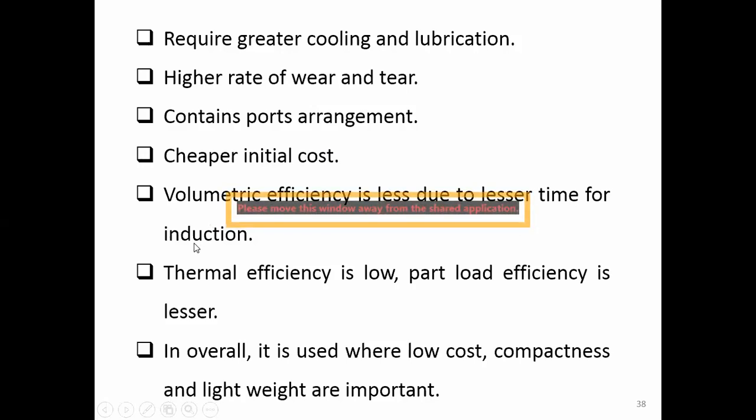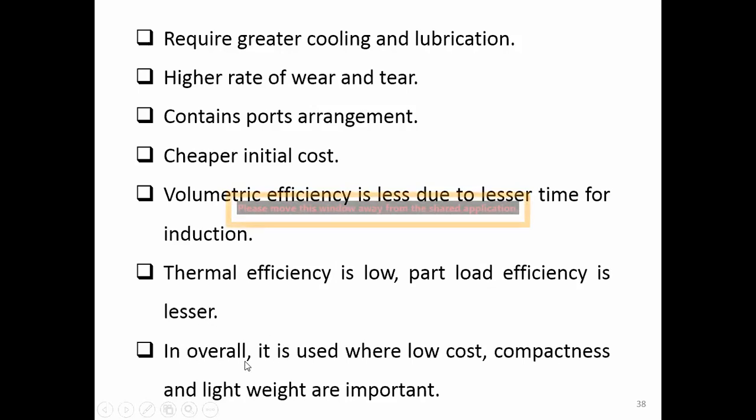See, we don't have a truly full intake stroke for the two-stroke engine, right? It happens during expansion, okay? So the volumetric efficiency is less, and that means the thermal efficiency is also low, right? And part load efficiency is even worse.